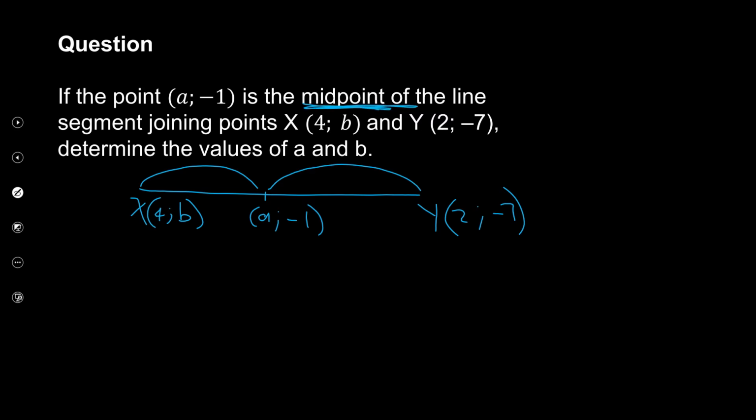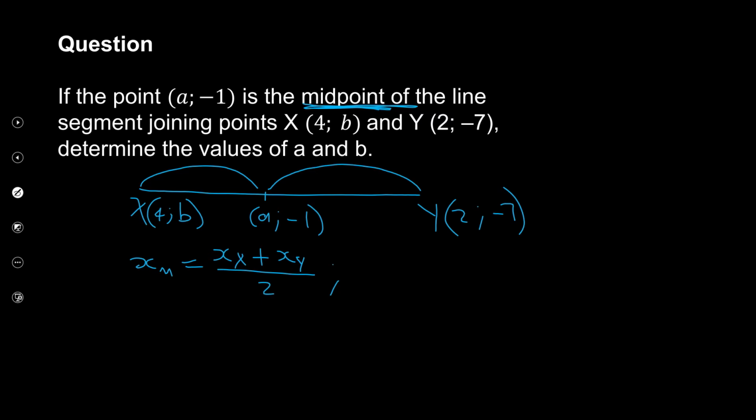So that will definitely mean the x of the midpoint, which I will just call m, will be equal to the x at X plus the x at Y divided by 2.